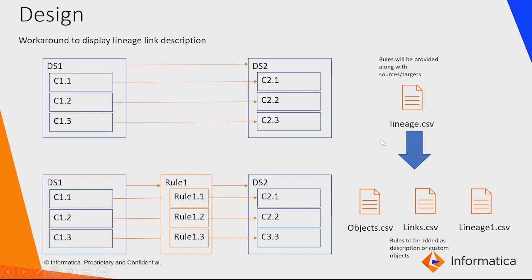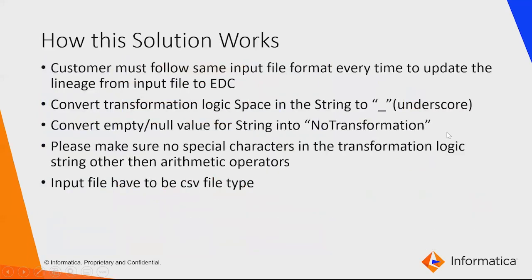The framework will be able to reuse that template and then load the data into three input files. Wherever you are not specifying any transformation logic, we convert it into "no transformations".